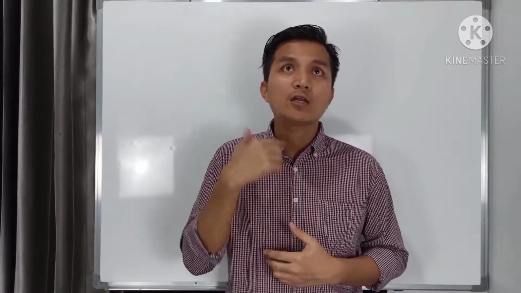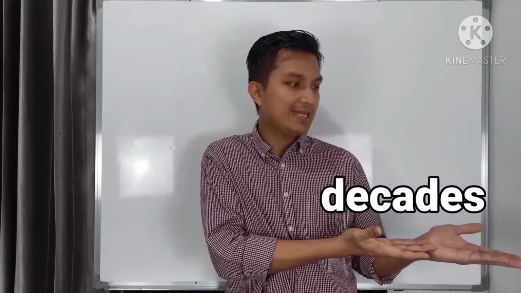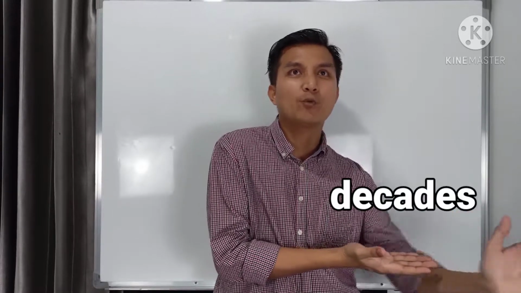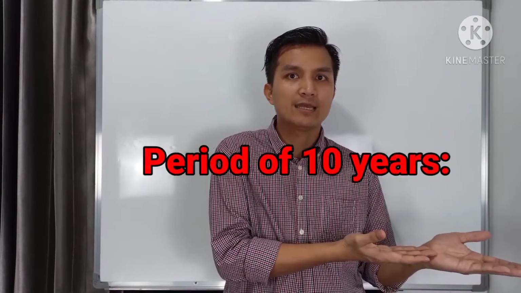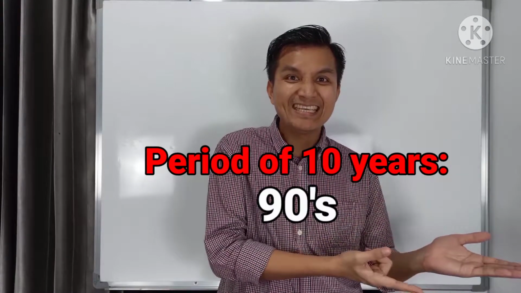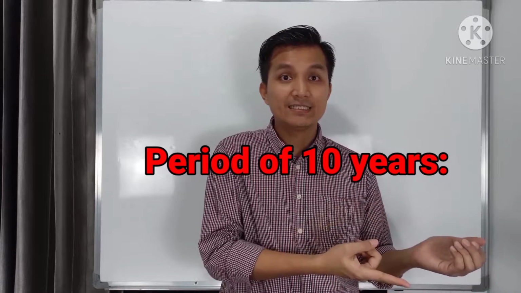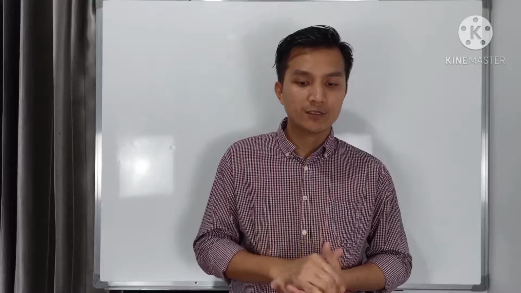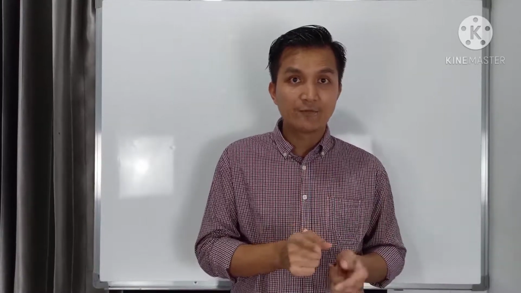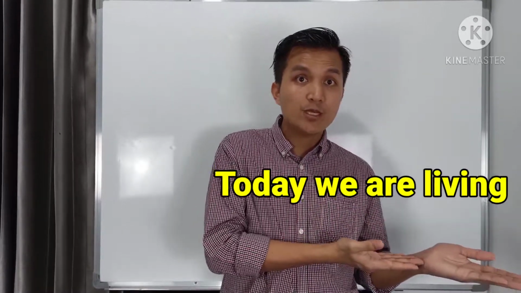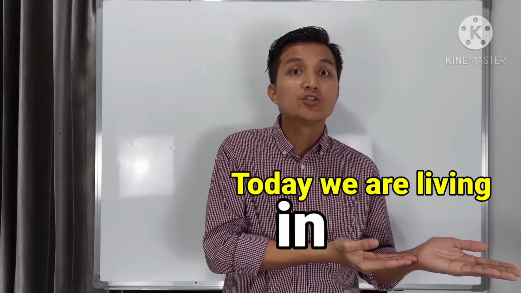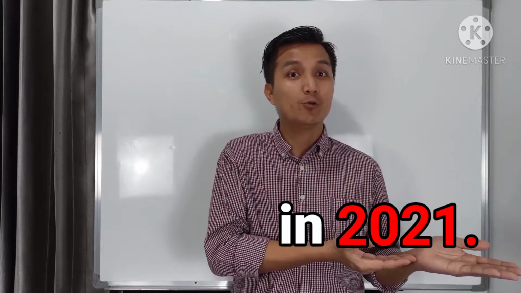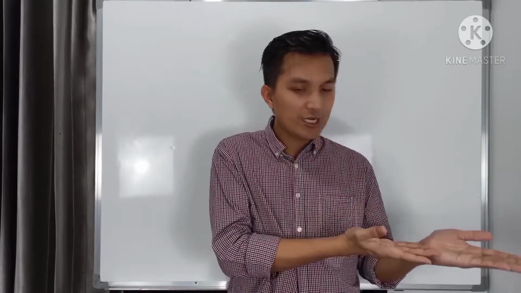And if we are talking about decades, you can see decades. What are examples of decades? The 90s, 80s, 60s, those are decades. Or if we are talking about years, for example, today we are living in 2021, right? So in 2021, we are talking about years.